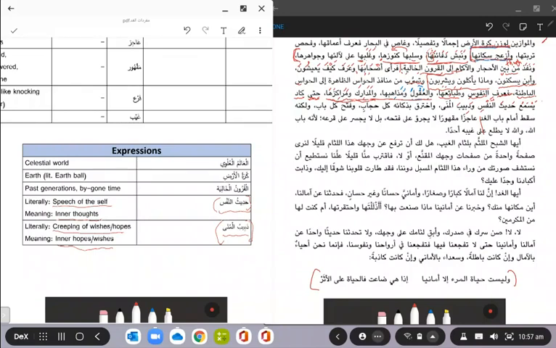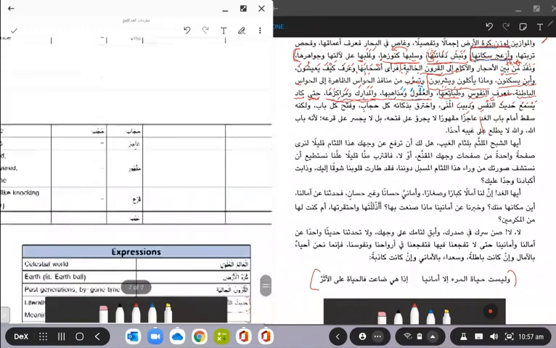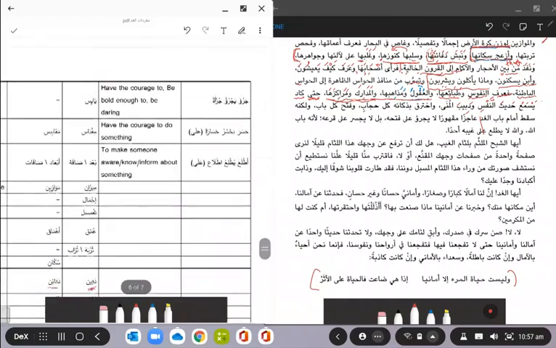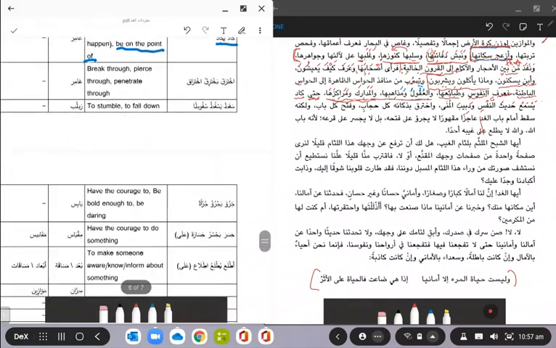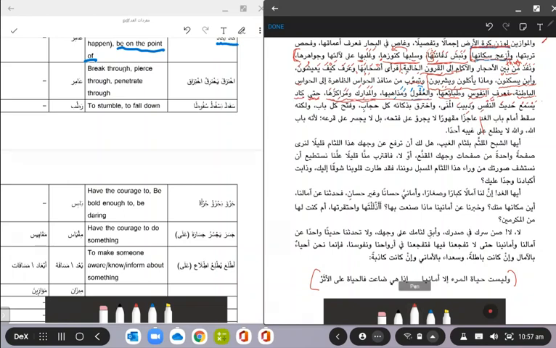Okay, so let's aim to finish this because the rest is not that hard. واخترق اخترق يخترق means to break through. Okay, to break through. Another meaning is penetrate through, which is we came across another verb that has similar meaning. اخترق يخترق means to break through, right? To pierce through something.